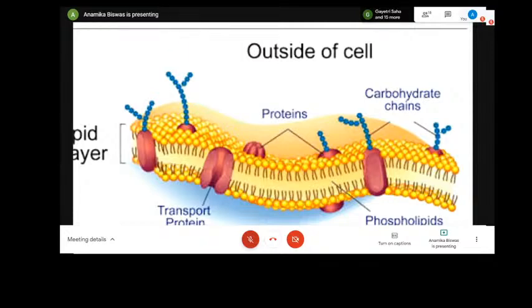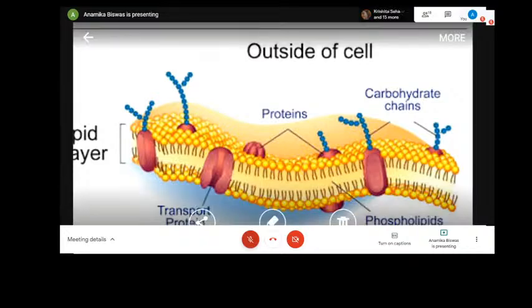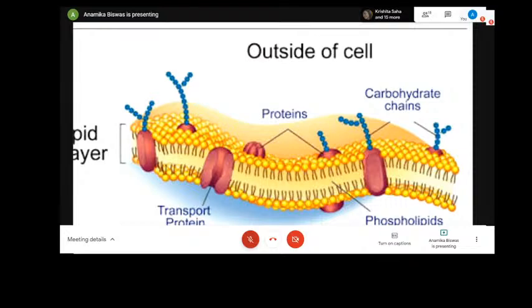And the nature of the membrane is fluid, because it functions like intracellular junctions, then cell growth, secretion, endocytosis, and cell division. This cell membrane is fluid in nature because it has to perform different functions such as cell growth, secretion, endocytosis, cell division, etc. Now, the function of the cell membrane. Cell membrane performs the following functions.